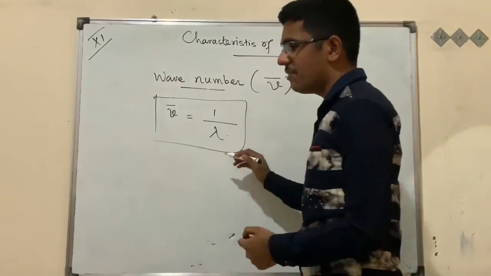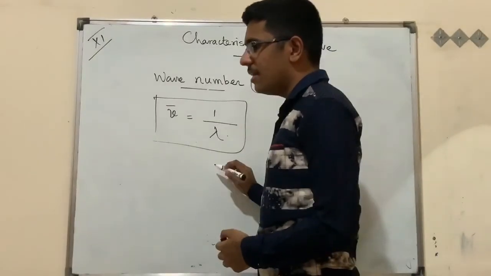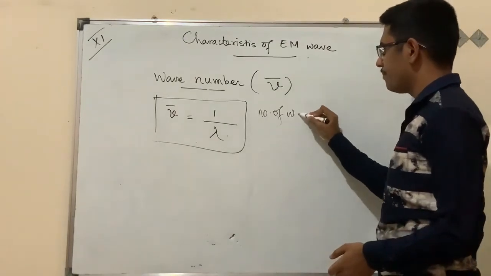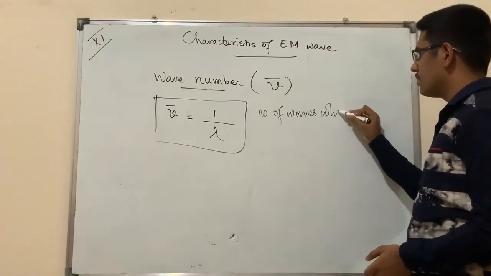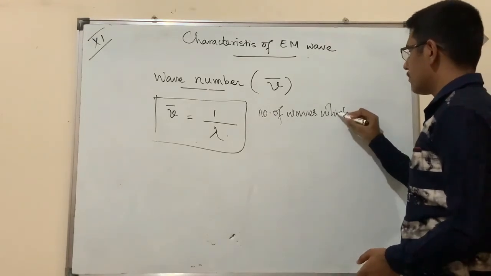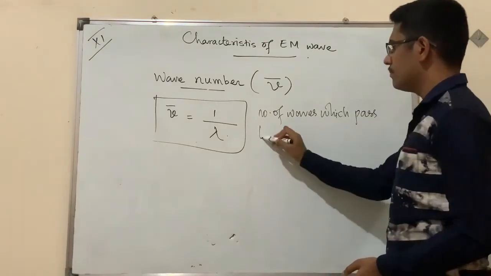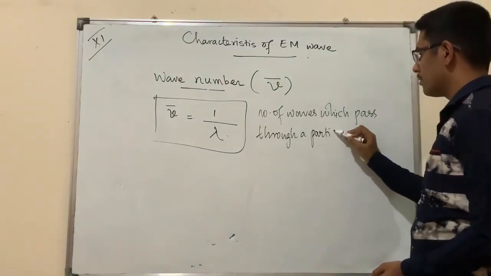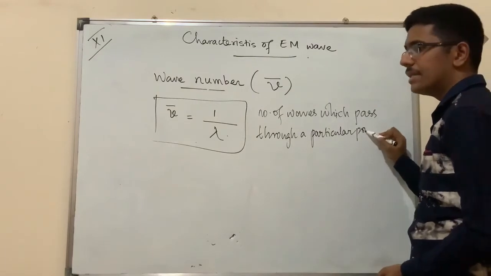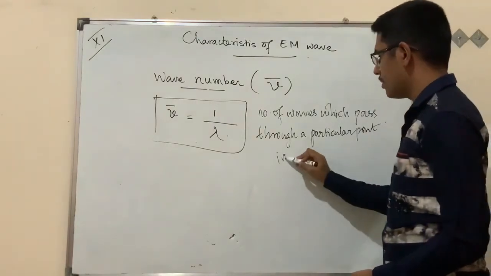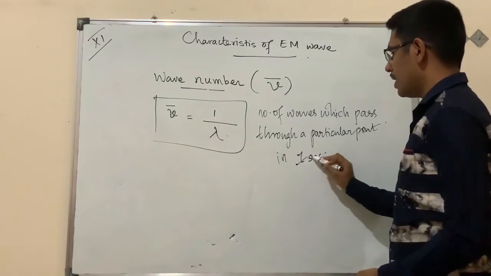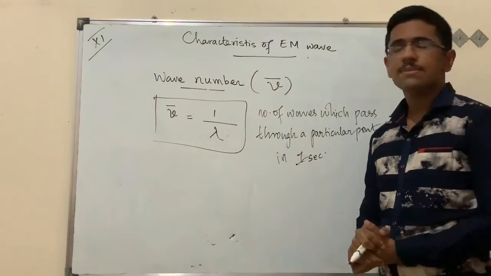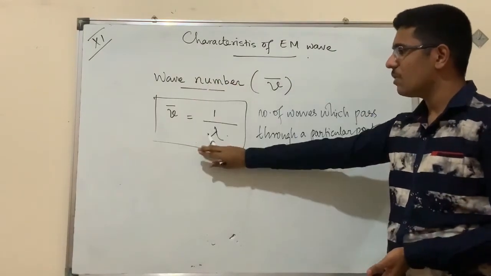Its correct definition when we are writing it is the number of waves which pass through a particular point in 1 second. In 1 second time, how many waves pass through a particular point? That is meant by wave number, and it is equivalent to the reciprocal of the wavelength.